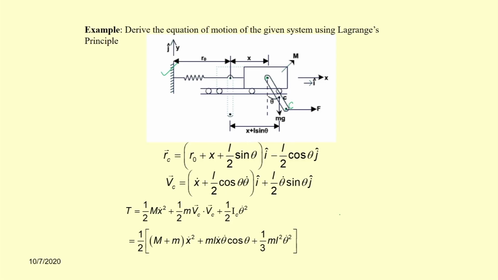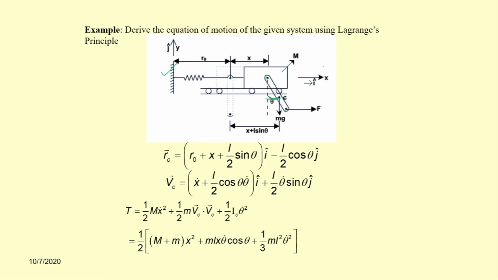Then the position vector r c will be equal to r0 plus x plus L by 2 sin theta, since this angle we have taken as theta.